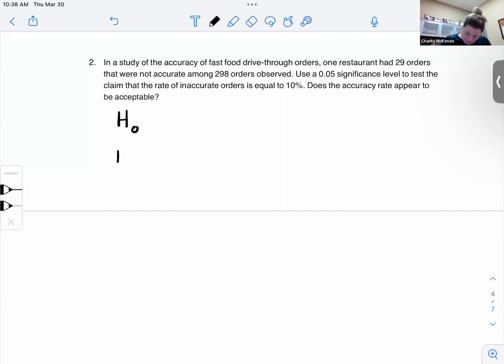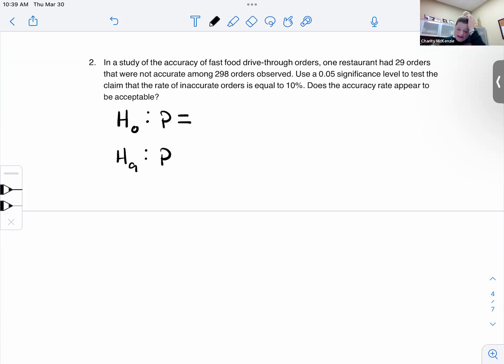This is null, and this is alternative. So do we have a p or a mu for mean? We have a p, right, because it's a proportion, percent, whatever. And for our null, we know this has to be equal.